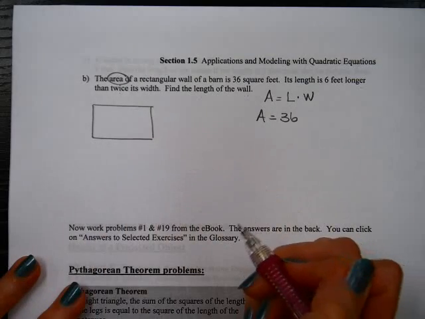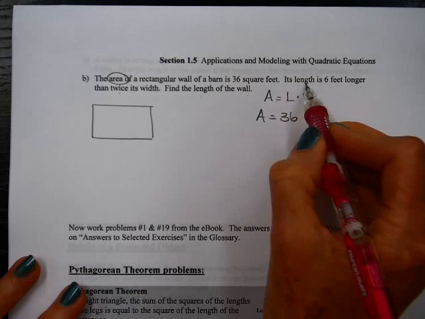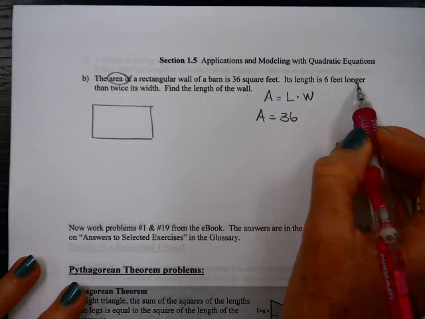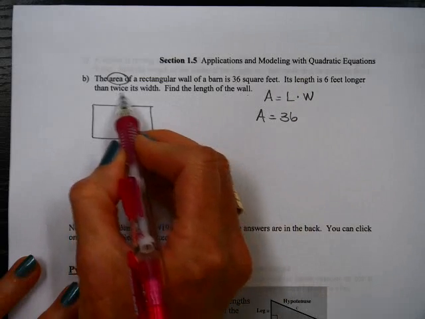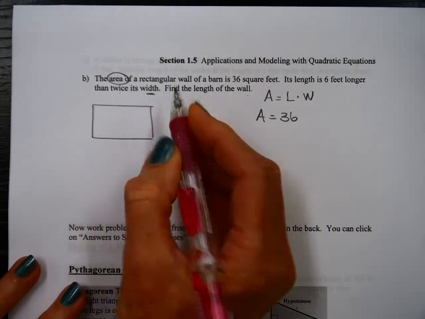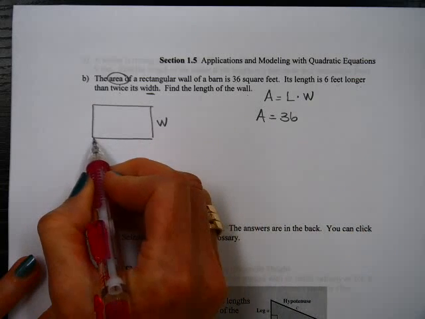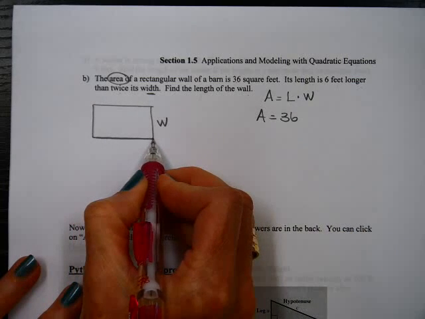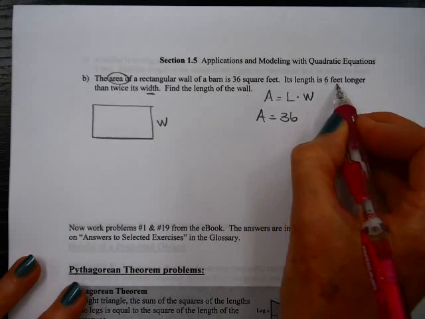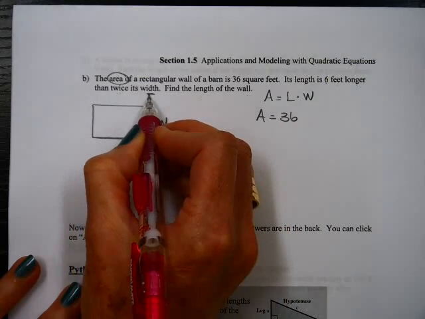So we need expressions for length and width. Let's read this one more time. Its length is 6 feet longer than twice its width. We don't know the width, so let's call that W. The length, this side right here, is 6 feet more than twice the width.